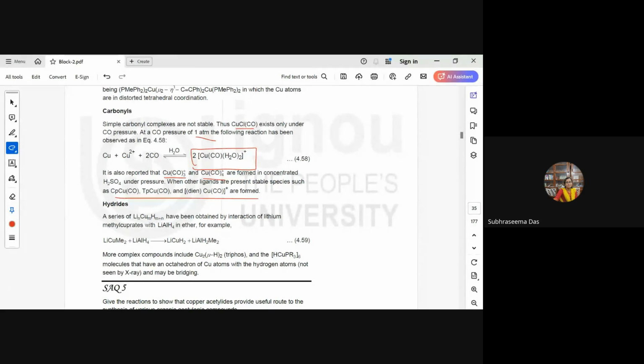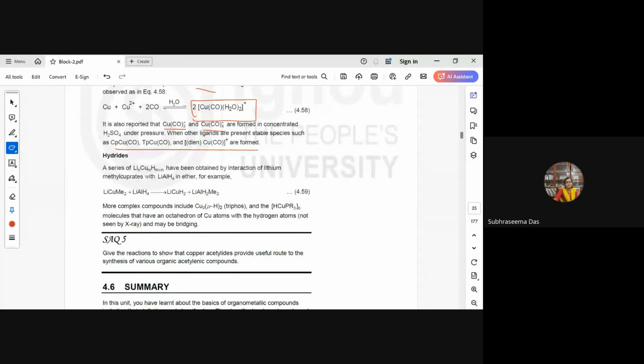Now looking into organocopper complexes with hydrides. A series of such compounds, lithium copper hydrides, have been obtained by the interaction of lithium methyl cuprates with lithium aluminum hydride in ether, as represented in equation 4.59.